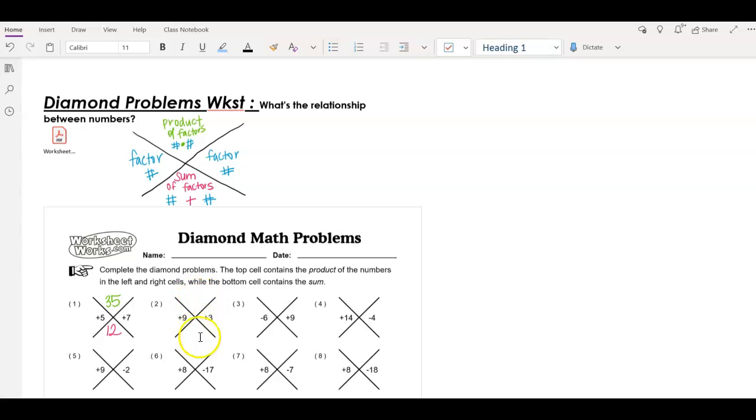In addition, you need to pay attention to how you get that sum number on the bottom. Which number might be bigger? Which number might be smaller? How does that affect the sign of the sum down here? So you can go through and do 1 to 13 and pause this video for a second while you fill those in.